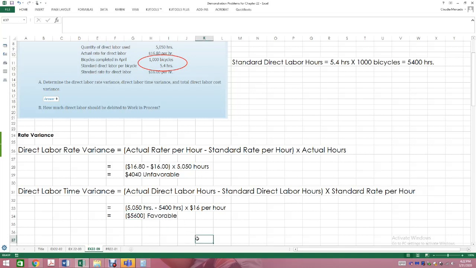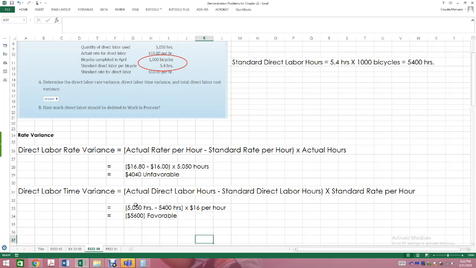Now, why is it favorable? Well, let's analyze this. We had budgeted to spend 5,400 hours to manufacture the bikes. We actually spent 5,050 hours. That means that we spent less time than we had anticipated to manufacture the bikes. Because we spent less time, that means less cost, so that's a favorable variance.